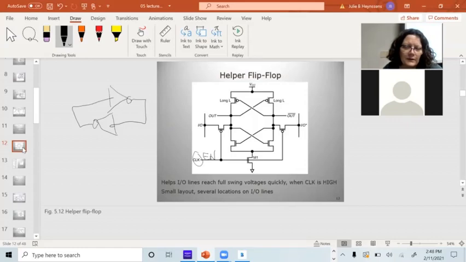The M1 transistor: when this is high, it would pull that node down. But when this is low, it turns this transistor on. So it's enabled when the clock's low, and pulls to ground when it's high. Okay, mystery solved.